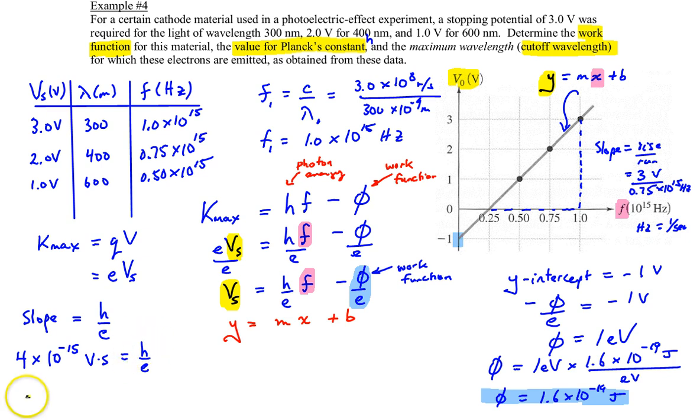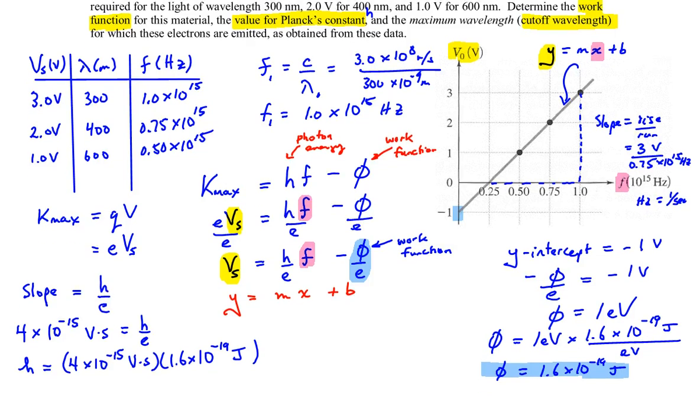So rearranging for Planck's constant h, we would have to take 4 times 10 to the power negative 15 volt seconds, which is the slope, and then multiply by the charge of an electron e, which is 1.6 times 10 to the power negative 19 joules. I always like to double check that my units are making sense here. So I'm going to change these volts because I know a volt is equivalent to a joule per coulomb.